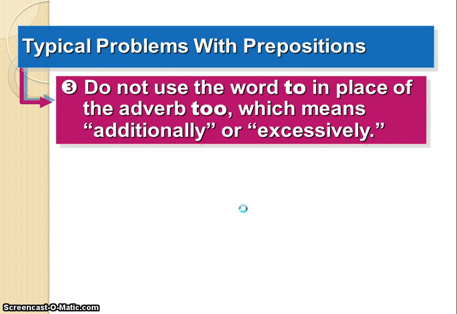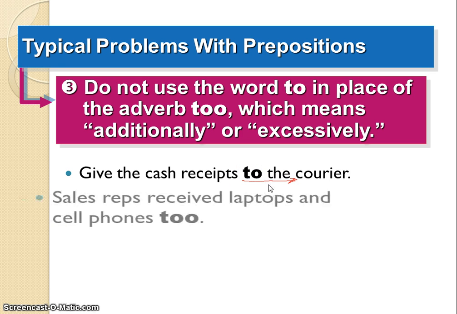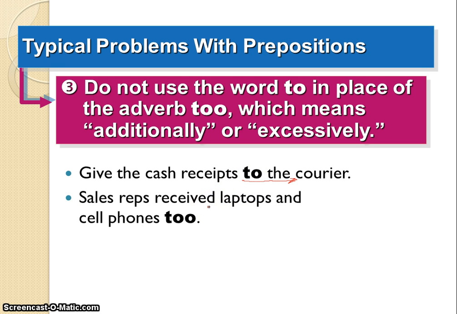And then we also want to watch using the word to in place of the adverb too. And too means additionally or excessively. Okay, so we give cash receipts to the courier because we're giving it in a direction to something, which is what to means. The too means also or excessively.